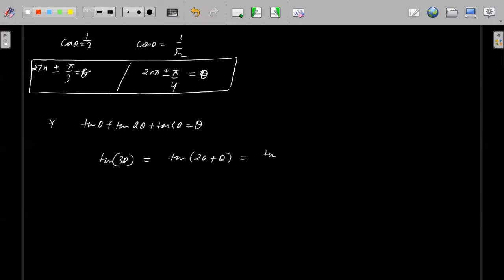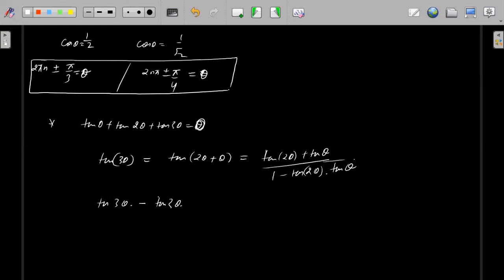So this I can write as tan of 2 theta plus tan of theta divided by 1 minus tan of 2 theta into tan of theta, right? So what I can do, I can cross multiply. So if I cross multiply, this will become tan of 3 theta minus tan of 3 theta.